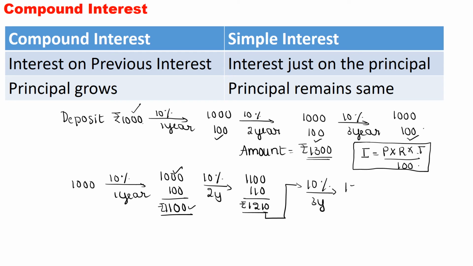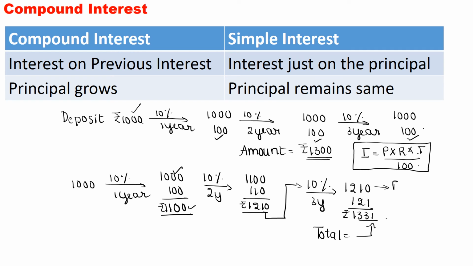The new principal is 1210. And the interest also changes. 10% of 1210 is 121. Totally rupees 1331. So the total money is rupees 1331. So this is compound interest.